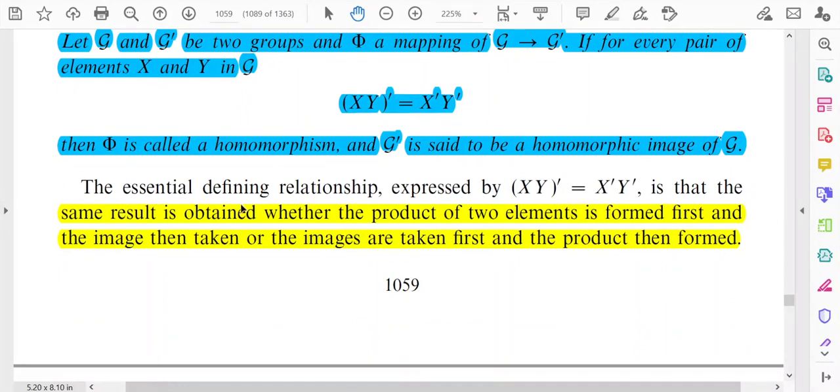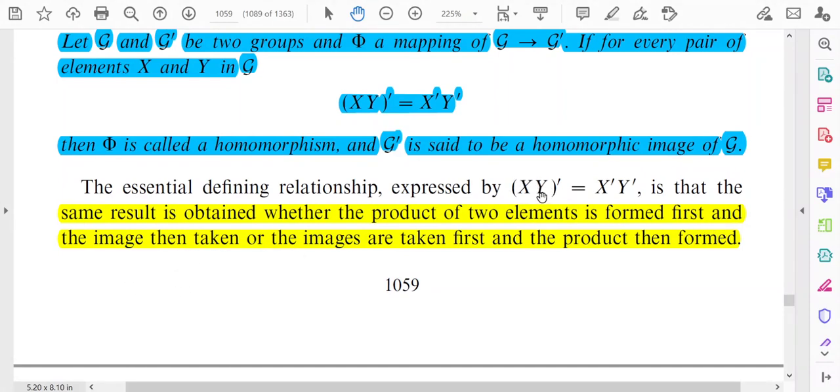So the essential defining relationship for the homomorphism is expressed as (xy)' is equal to x'y'. Its meaning is that the same result is obtained whether the product of two elements is formed first and the image is then taken. On the left hand side, the product xy is formed first and then the image is taken.